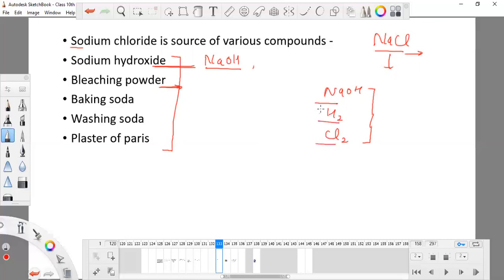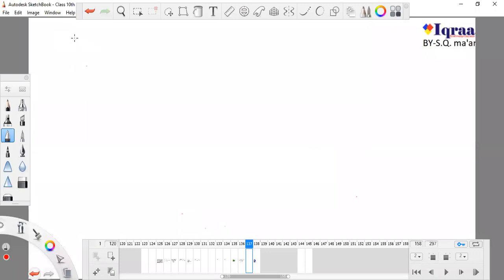Here we will learn how these combinations, sometimes we combine this, sometimes this, produce various types of salts. We studied how sodium hydroxide can be produced by the chloralkali process, and now we are going to study the process by which we can obtain bleaching powder.